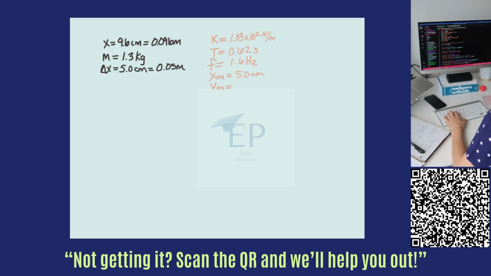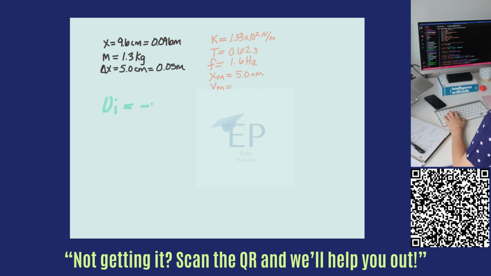Then when it was let loose, the block started to move upwards and hit its maximum velocity when the block passes through the equilibrium point, because after that, since it's going against gravity, the velocity is going to start to decrease. So to find the initial potential energy, we're going to call this U_i.